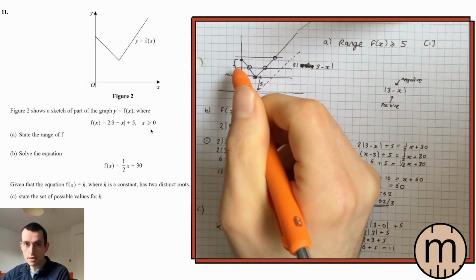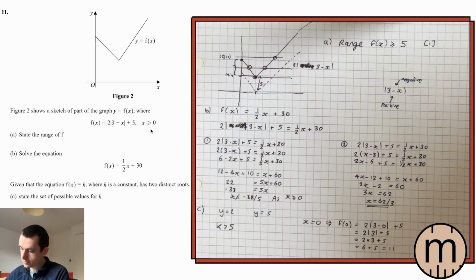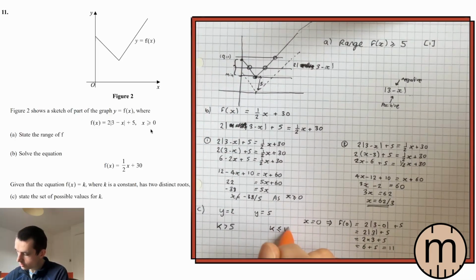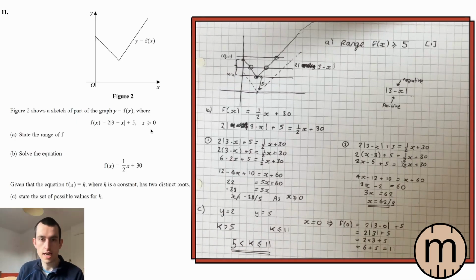So this point up here is (0, 11). That tells us that k must be less than or equal to 11. And I'm going to put these together to make it look nice. 5 is less than k is less than or equal to 11 as our final answer for part C, which was worth 2 marks.